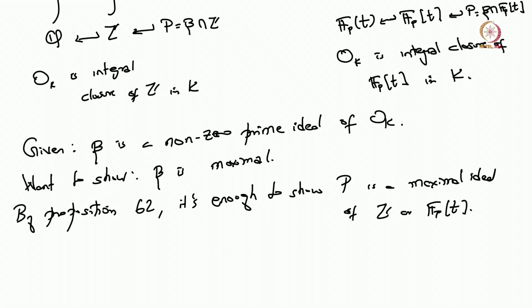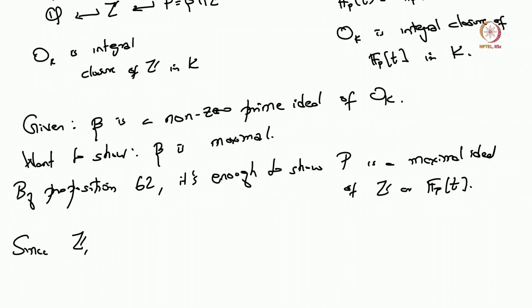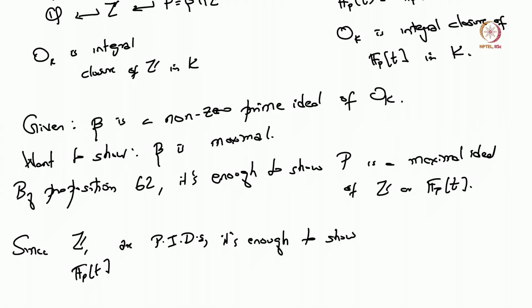Okay. But since Z and Fp brackets T are PIDs, we know that all non-zero prime ideals of PIDs are maximal. Well, I already know that P is a prime ideal, so it's enough to show that P is non-zero.